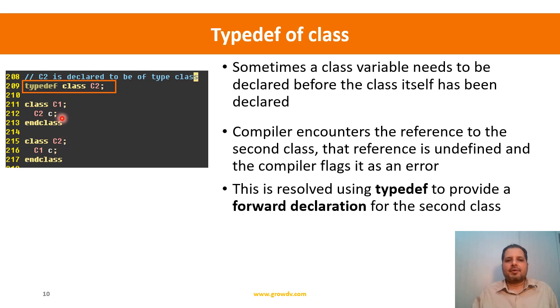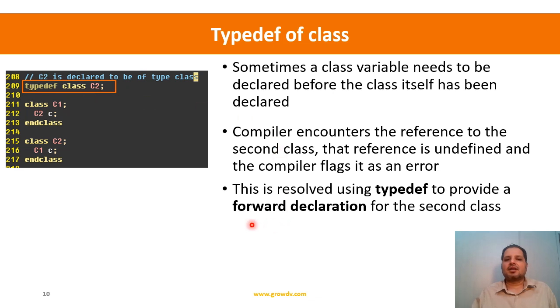Now in this case, assume that line 209 is not present. When the compiler tries to compile C1, it won't find the definition of C2, and because of that it will throw a compile error. In such cases, you use the typedef and say typedef class C2, where C2 is declared to be of the type class.